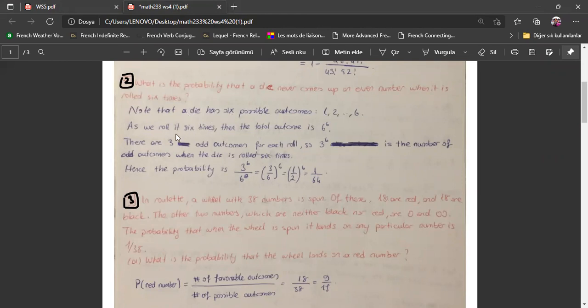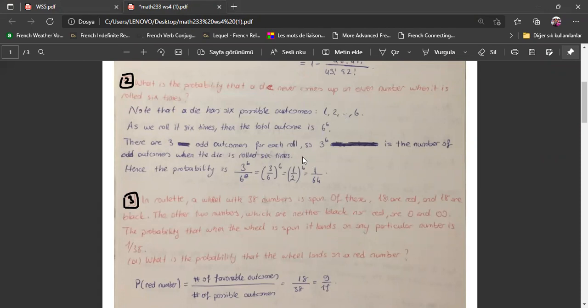When we roll it 6 times, we have 6 to the 6 possible outcomes. We want to find the probability that a die never comes up an even number. There are 3 even numbers and 3 odd numbers here.